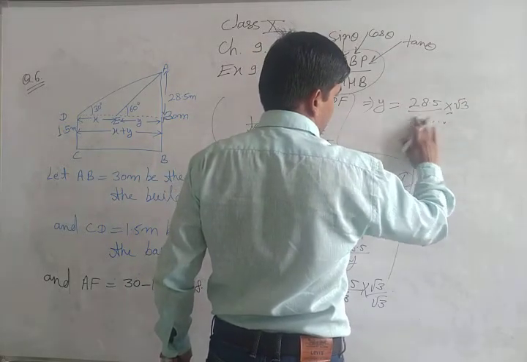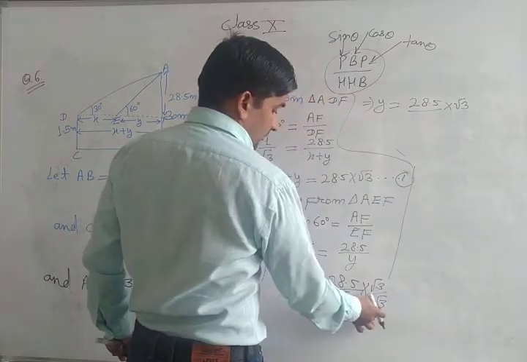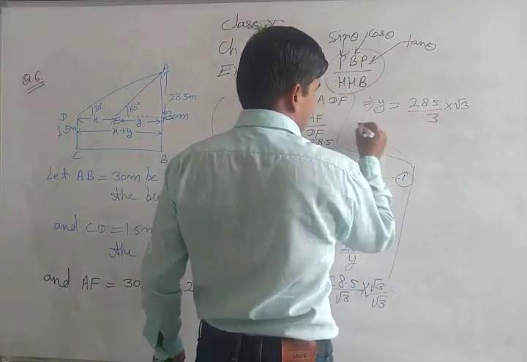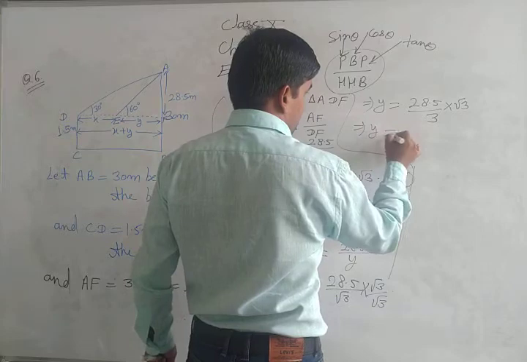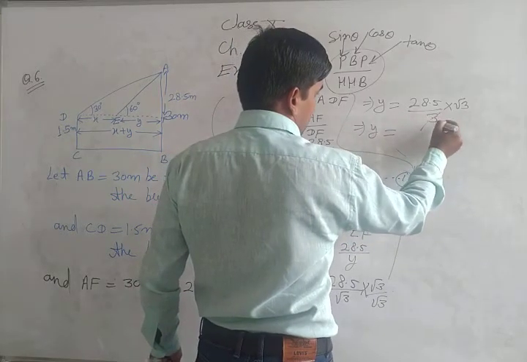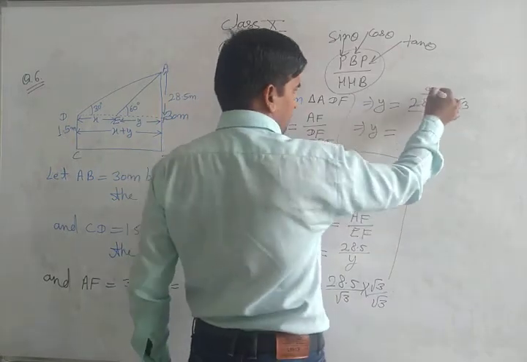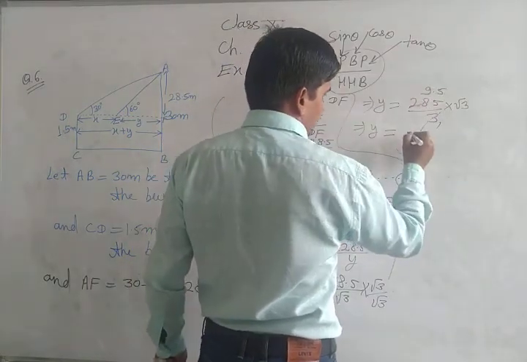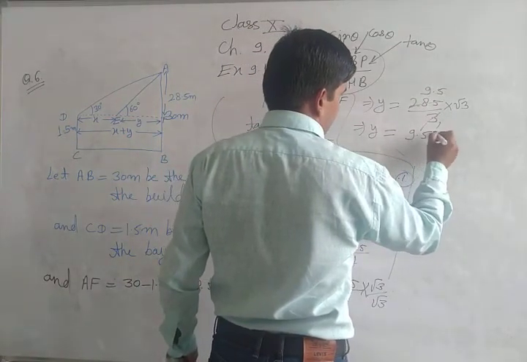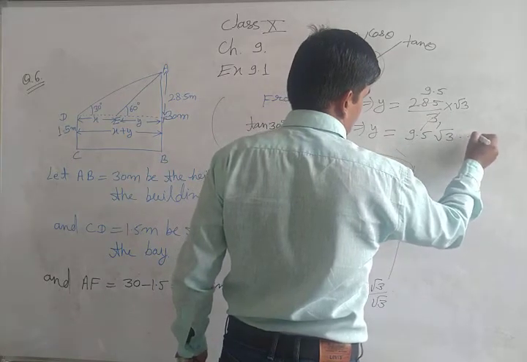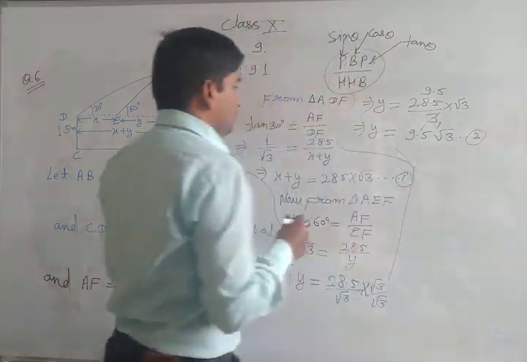So there is no requirement to write this again. Root 3 multiply root 3 is 3, so y equals, cancel the value with 3: 3 ones are 3, 3 nines are 27, 3 fives are 15, so y equals 9.5 root 3. This is equation number 2.